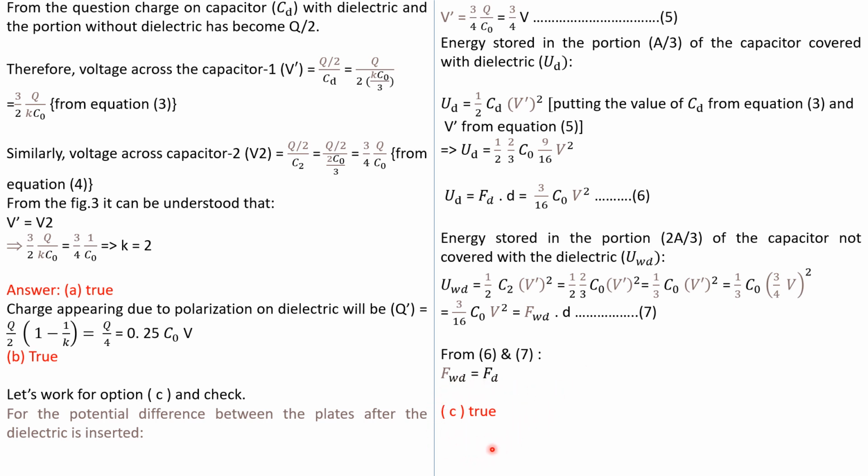So option C should also be true. But in the book, answer C has not been shown as true, so this has to be checked, in case a calculation mistake is there somewhere, but it does not look like it.